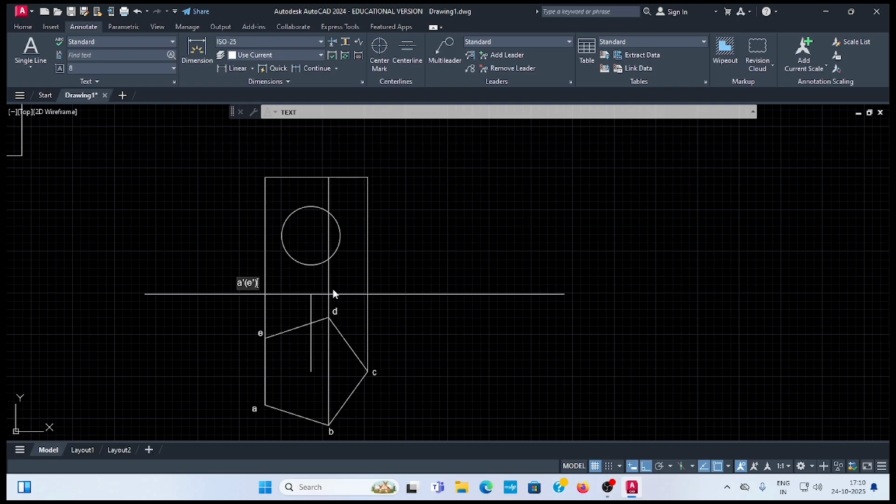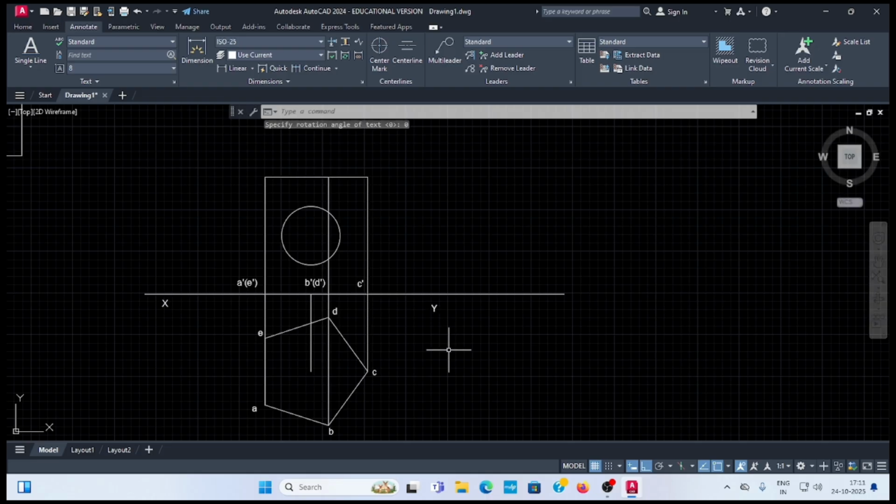Next here B dash within bracket D dash. Next here C dash. It is the XY reference line, X and Y.